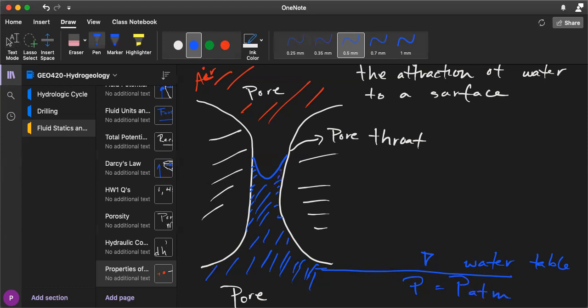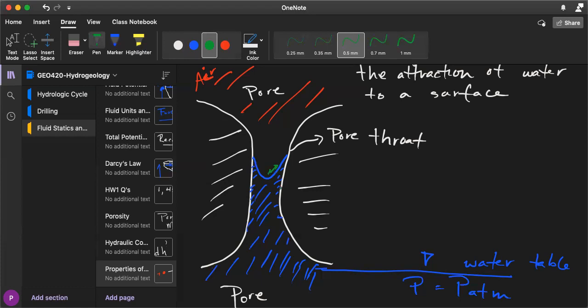We'll get into that a little more later. But what capillarity does is it pulls water up above the water table into these pore throats. Now, surface tension sort of keeps the water together.